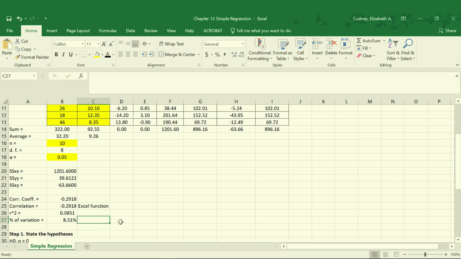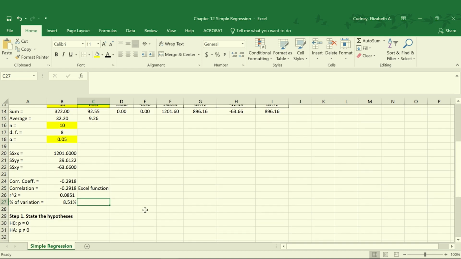So that tells us how well our model predicts based on the relationship between those two variables. And in this case, our R squared value is extremely low, which is showing that there's no relationship between the age of the person and how much money they spend at the movie theater.